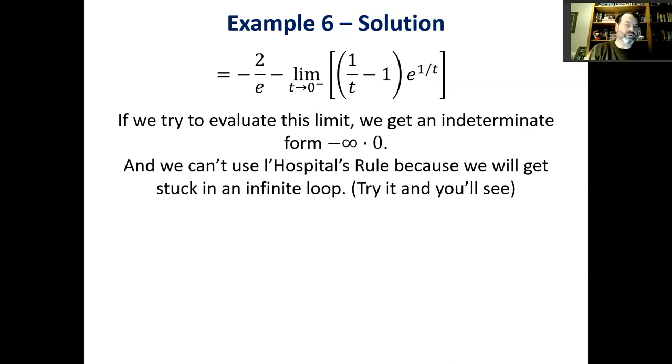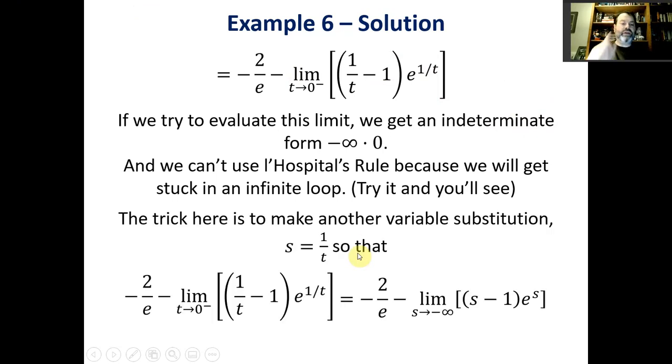So I'm sure you remember back in L'Hopital's rule, I explained what an infinite loop is. If you want to try it because you forgot what it is, go ahead and try this using L'Hopital's rule. You will see it is not nice. Instead, we're going to do another variable substitution. I'm going to say that s is 1 over t.